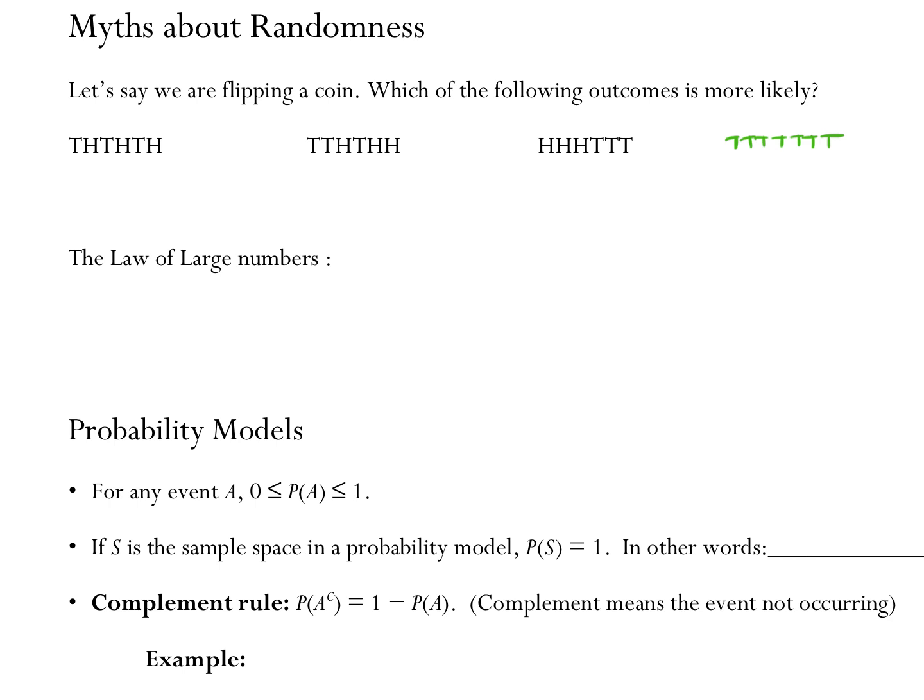Nope. About the same chance. If we define our outcome where the order is important, that there's a difference between tails then heads versus tails then tails versus heads then heads, right? If we define our outcomes so that those orders are different, these all have the same likelihood, or the same probability.